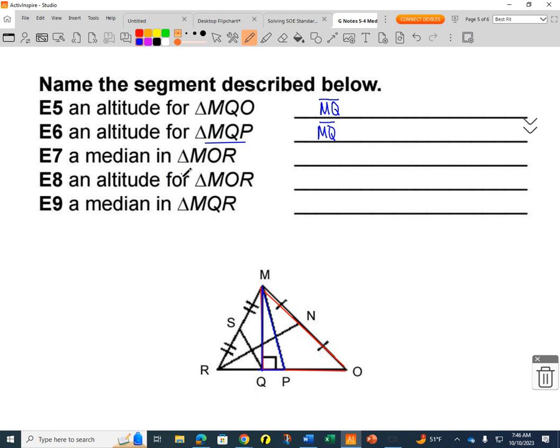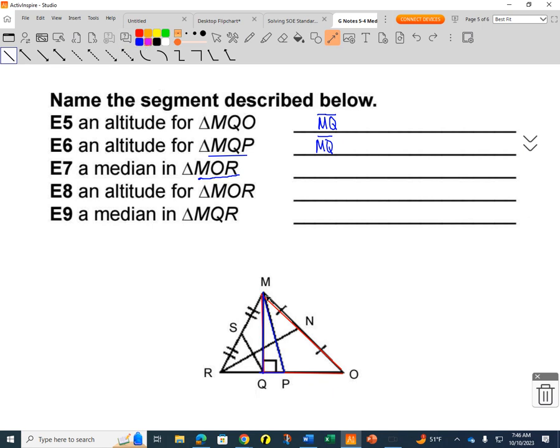Now we're going to do a median from triangle MOR. So a median from triangle MOR, so it's the whole big one. We want a median for MOR. A median goes from a vertex to the midpoint of the opposite side.